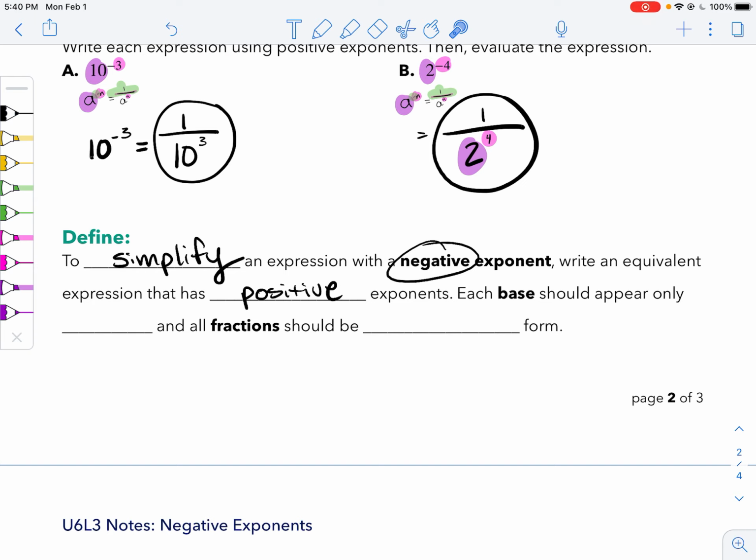Also remember, as a quick review, to simplify, you need each base appearing only one time, and fractions should all be in their simplest form. Now, I just gave you a bad definition because I used simplest in simplify. So when I say simplest, think reduced. You're reducing all your fractions.